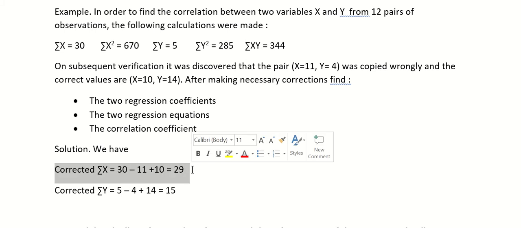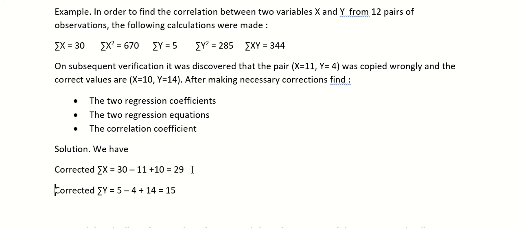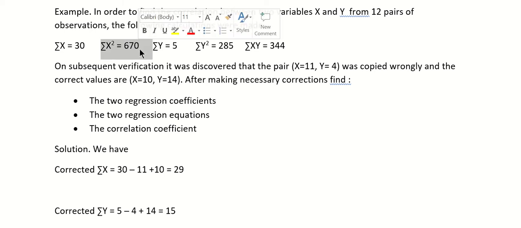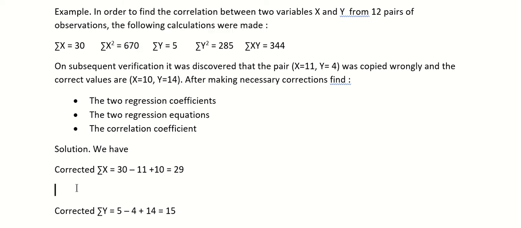So let's start now. We have to calculate the corrected summation of x square. The summation is 670 minus the wrong value.